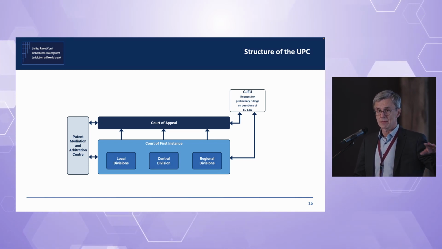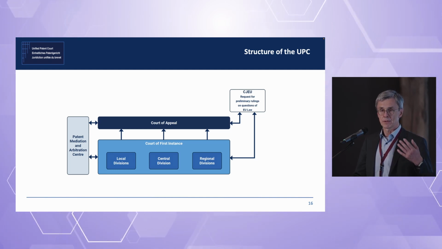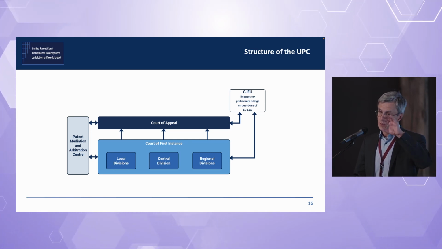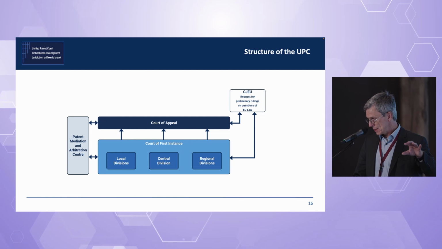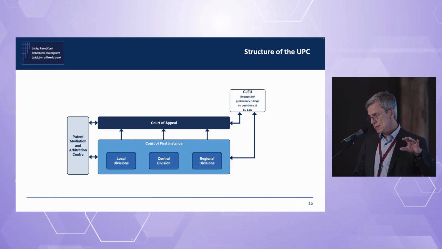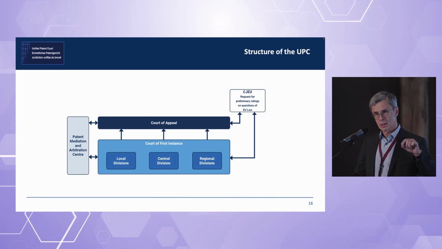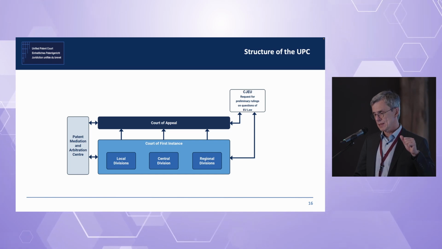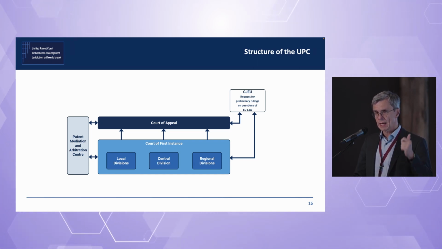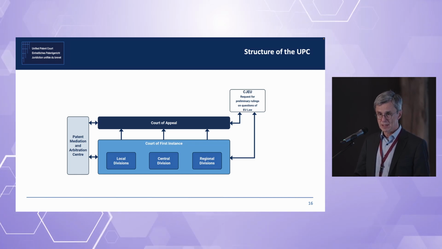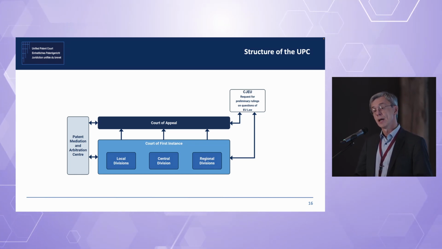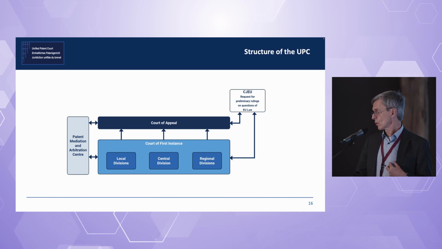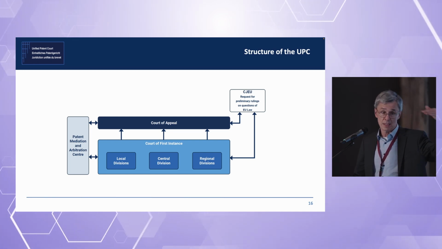In the national systems, if you are a lower court, you have discretion whether you make a referral to the European Court of Justice. It's not mandatory for you. While when you are at the top end, so last instance, and there's an issue of Union law, EU law, that is not clear and has not been clarified by a decision of the European Court of Justice, and matters for you to decide the case, you have to make a referral, and that is true also for the Court of Appeal of the UPC, because that's the last instance in the system.